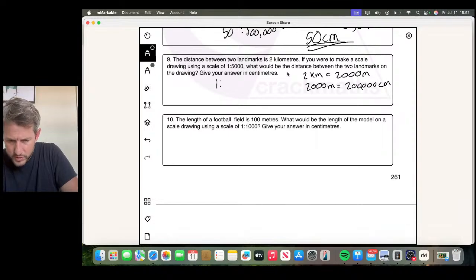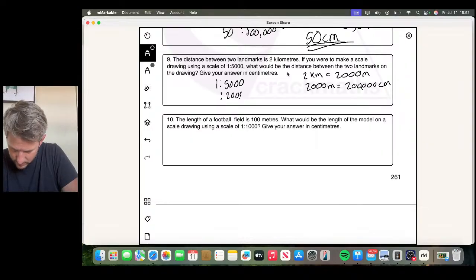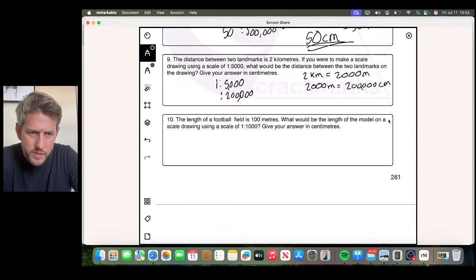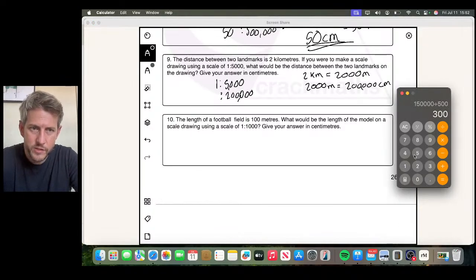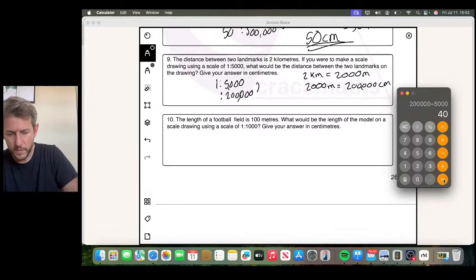So if it's 1 to 5,000, it's something to 200,000. I'm just going to do 200,000 divided by 5,000, and that's times 40. So it would be 40 centimeters.